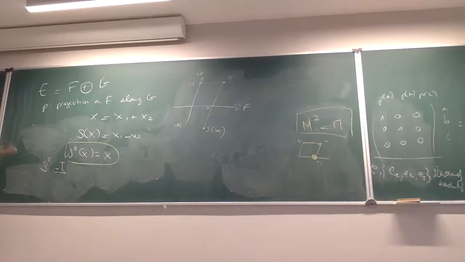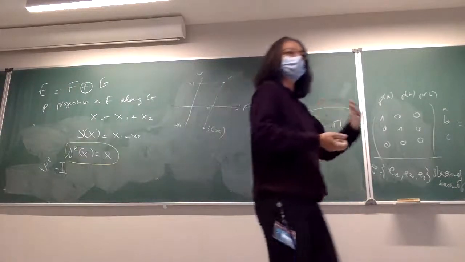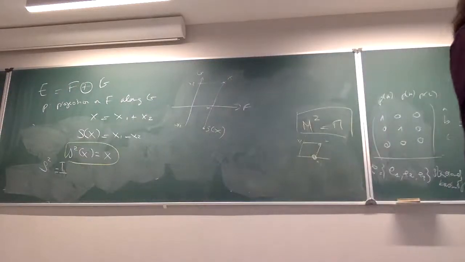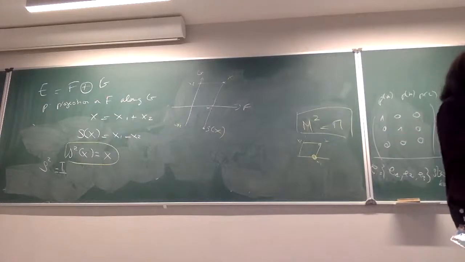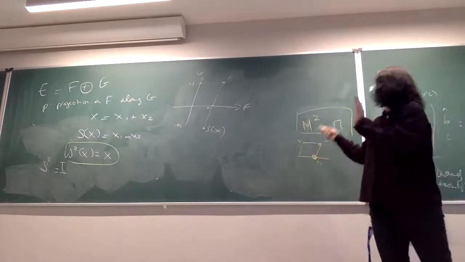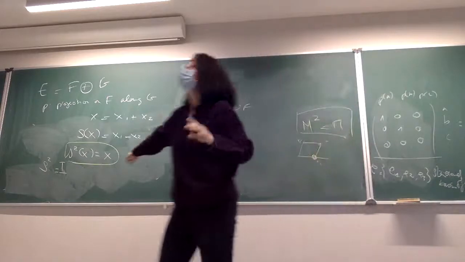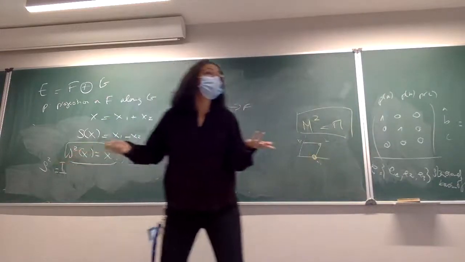So I think one easy exercise, which is very systematic, is: I give you a matrix and you find out what kind of geometric transformation it relates to. Is that a symmetry or a projection? You just square the matrix and see whether you have M or identity.